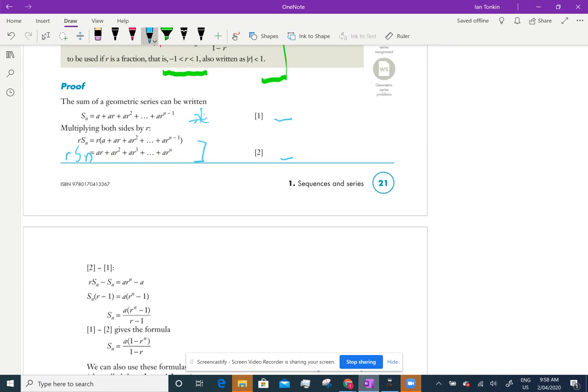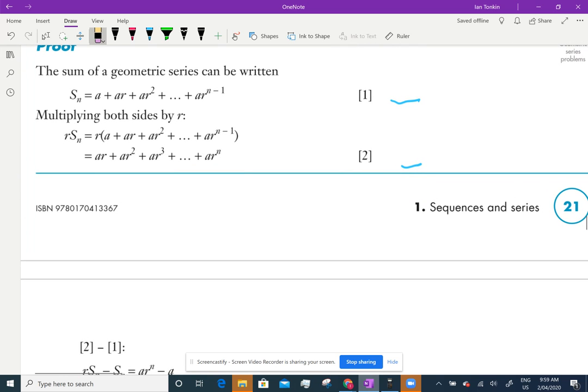Now, we subtract those, and we're going to do this one minus this one. So here, you get r S n minus that. And when I subtract this other stuff here, watch what happens. I'm just clearing it so you can see it. So remember, I'm subtracting this minus this. So that goes with that.